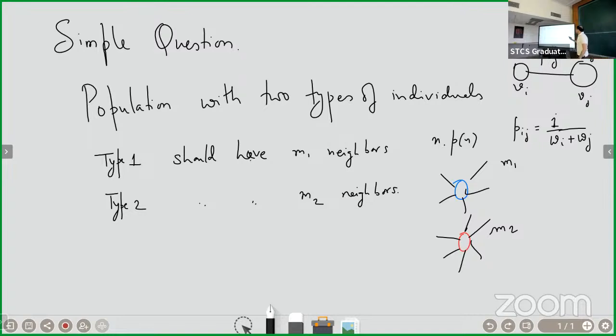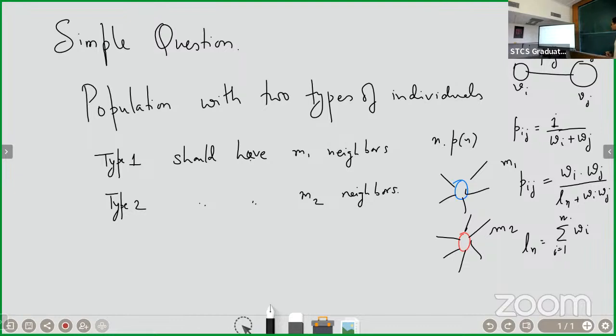So one interesting model which is very well studied is Pij equal to Wi times Wj divided by L, where L is nothing but the summation of all the weights over the n nodes.